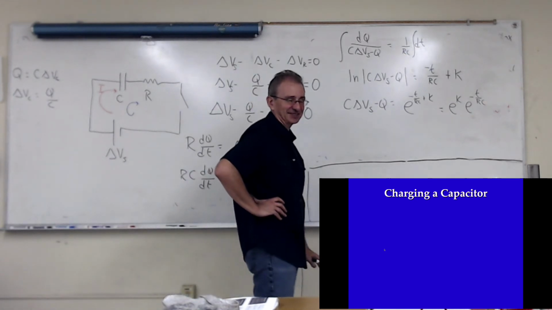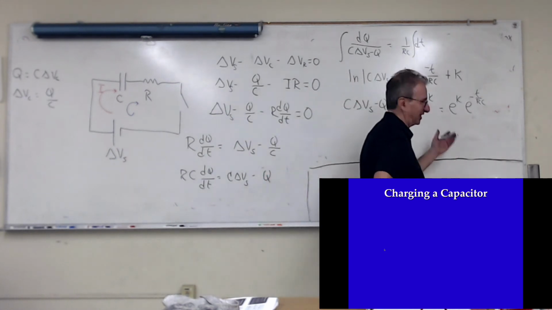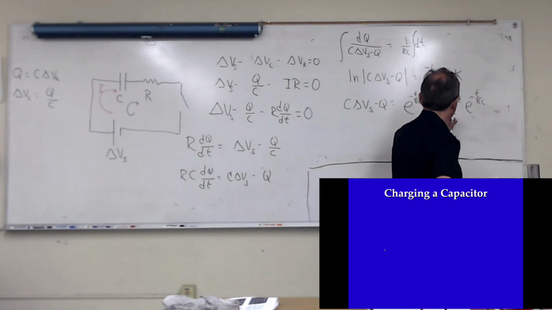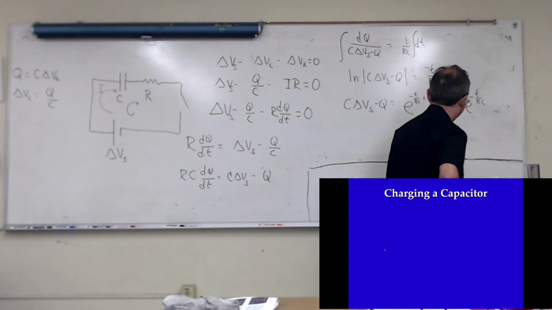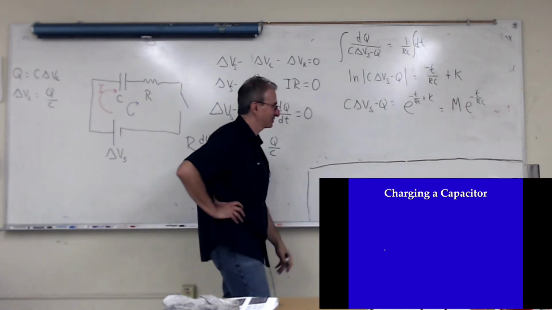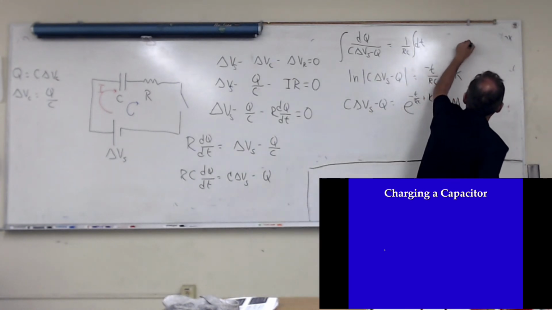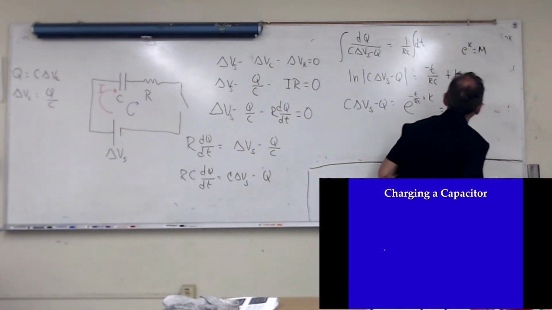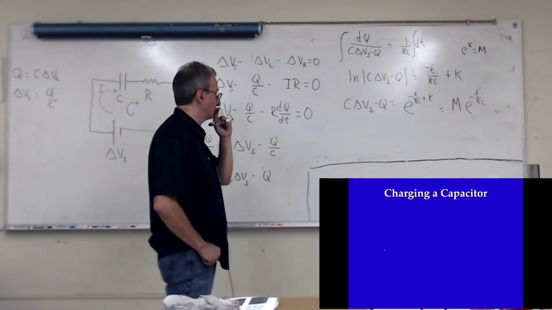Normally I'll just write it as K, but people object to that because it's just a constant. So let me pick a letter. M. Okay, let's use M then. So I'm saying e to the K is equal to M, and I'll determine what that constant is.